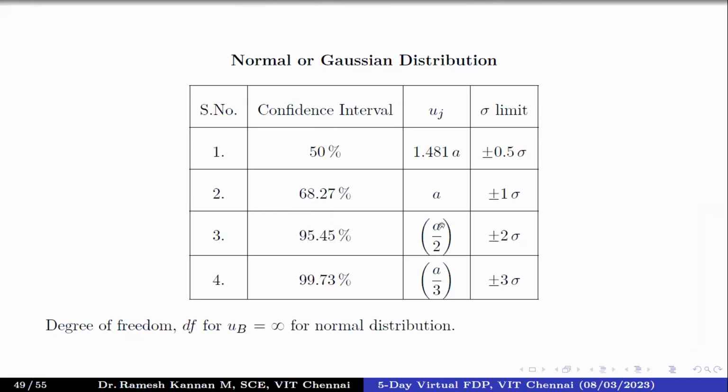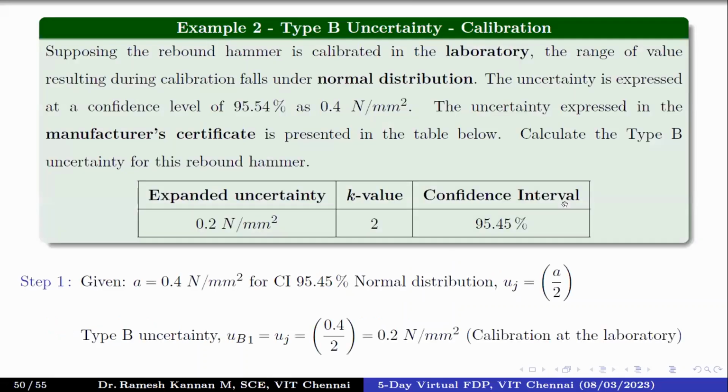A is the uncertainty associated with the equipment at 95.45% confidence interval. And the degree of freedom of any distribution, probably normal distribution, is infinity. So it does not play a huge role in the type B uncertainties. Right, so this is a typical example. The same rebound hammer example.